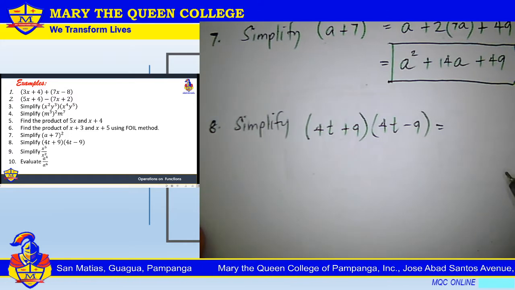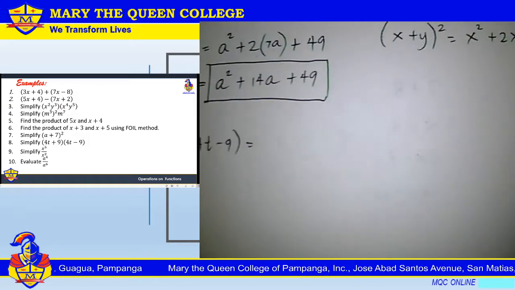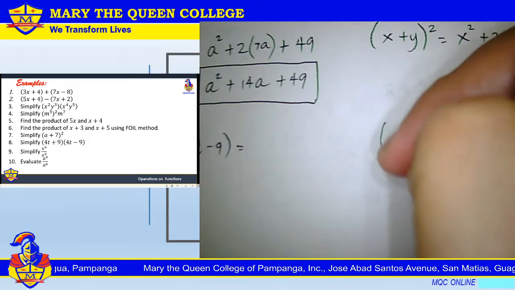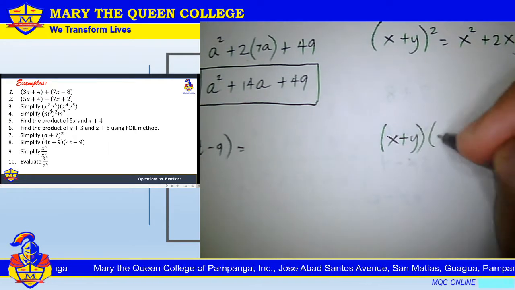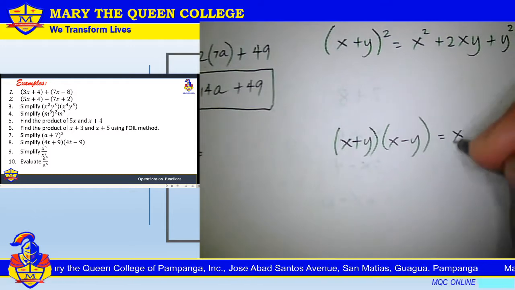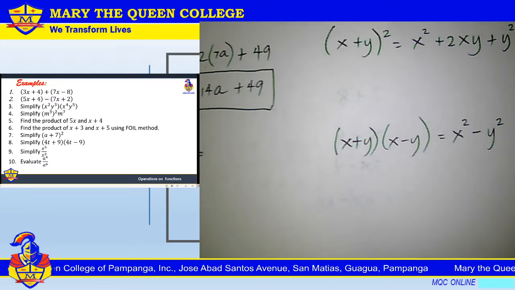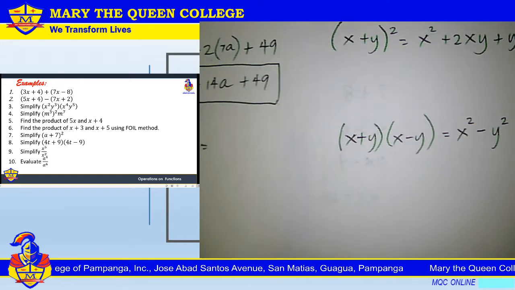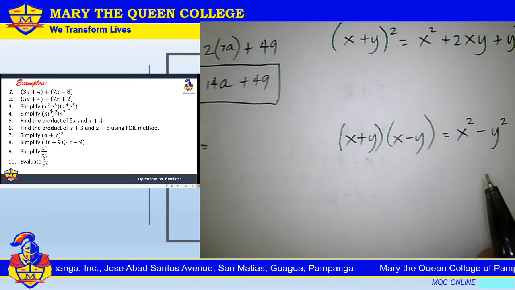Okay? So, ano po yung rule po natin dito? Okay, so balikan po natin yung pattern ha. Isulat ko dito. Okay? So, we have x plus y times x minus y. This is equal to the square of the first term minus the square of the second term. Okay, apply po natin. So, ito po yung rule natin no? Sa special products. Okay.